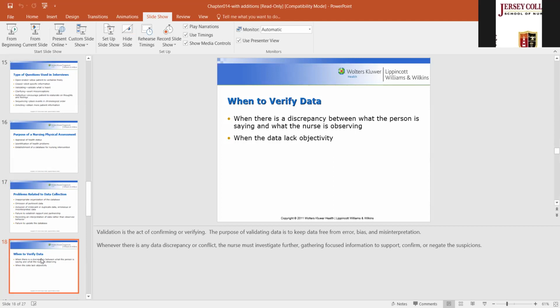All right, so we're confirming it. And one reason why we confirm it is so that we make sure there's no errors, no bias, or no misinterpretation. The best person to confirm it with is another nurse. All right, so whenever there's any discrepancy or conflict, it's your job to investigate further. It's your job to support, confirm, or negate the suspicion.